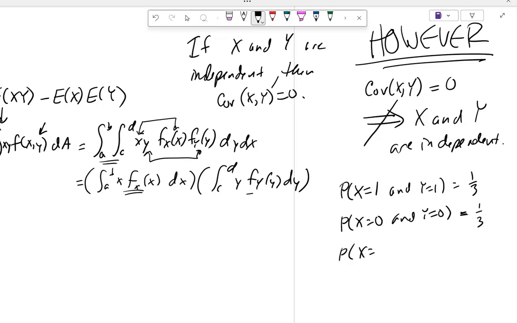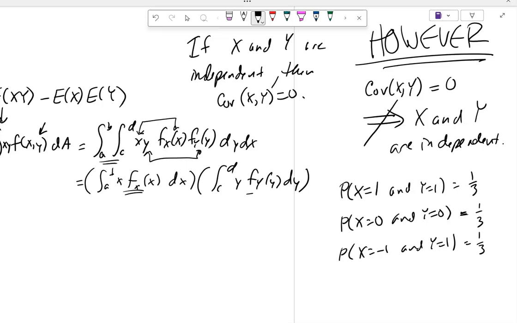X equals -1 and y equals 1 is a third. You can check pretty quickly that the covariance is going to be 0. But they certainly are not independent. The space isn't rectangular. For example, the only way that you can get a y value of 0 is if the x value is 0. So they're not independent, but you can check pretty quickly that the covariance here is 0.